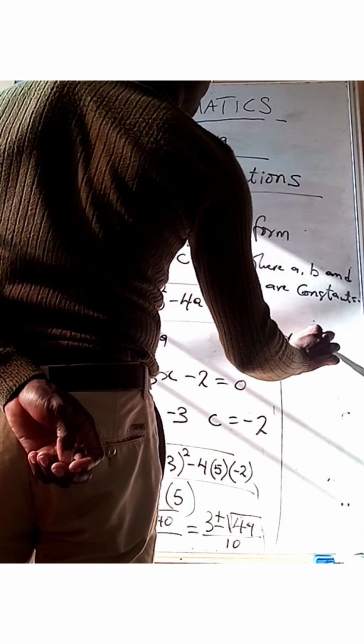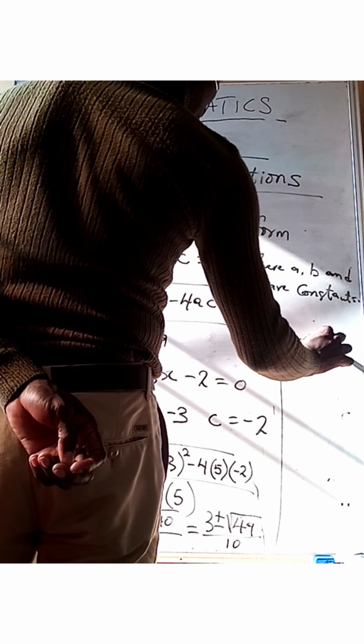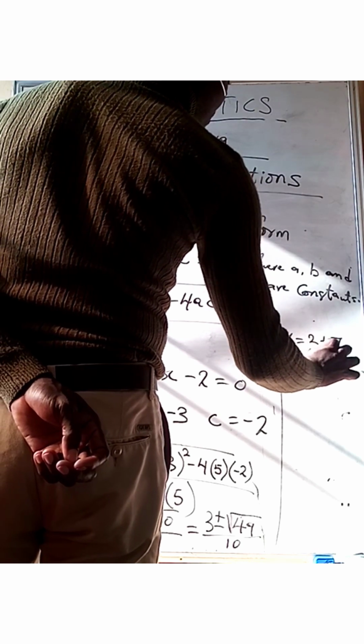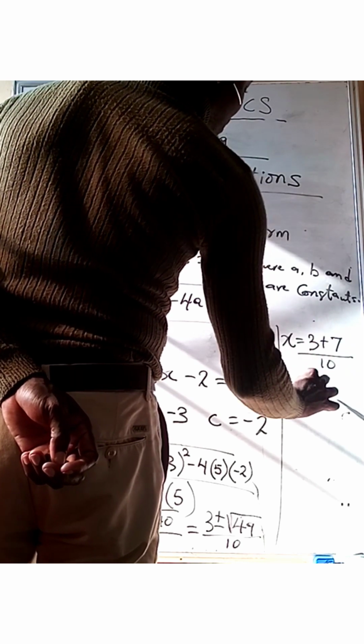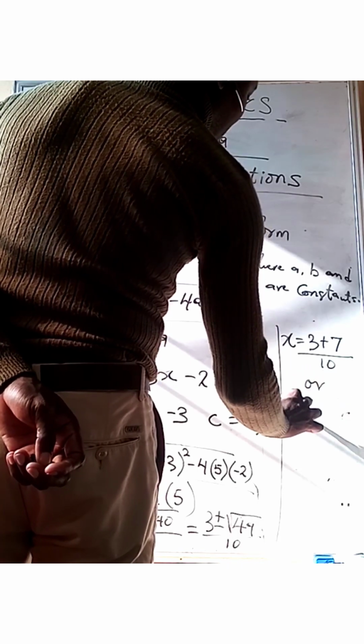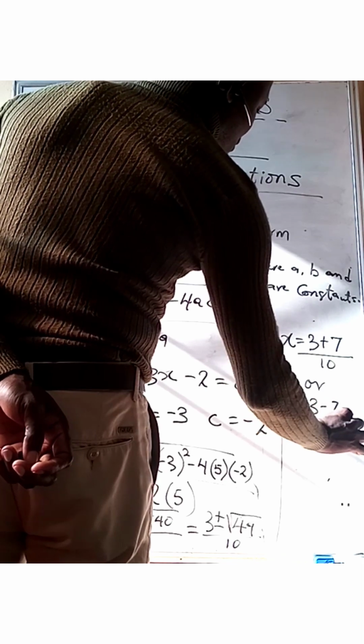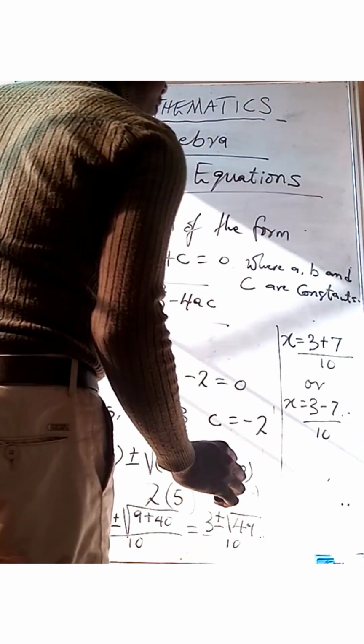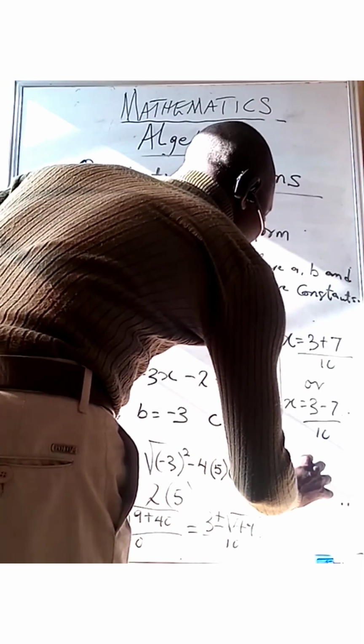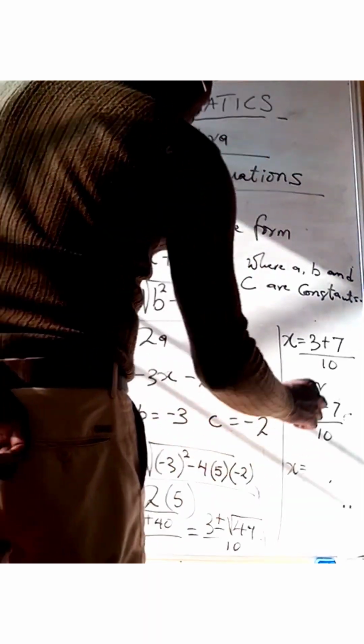Now 49 is a perfect square, so it means x will be equal to 3 plus 7 all over 10, or x is equal to 3 minus 7 all over 10. So let me just get done with it.